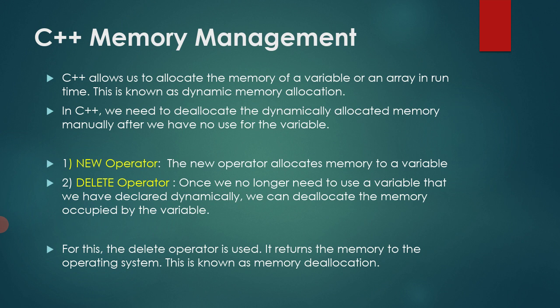The new operator is used to allocate memory to a variable, whereas the delete operator is used to deallocate memory of a variable which we have already allocated. Once we no longer need a variable that we have declared, we can deallocate the memory occupied by that variable using the delete operator.